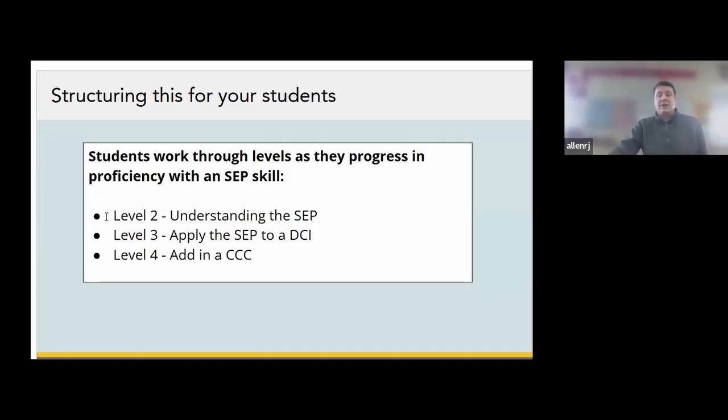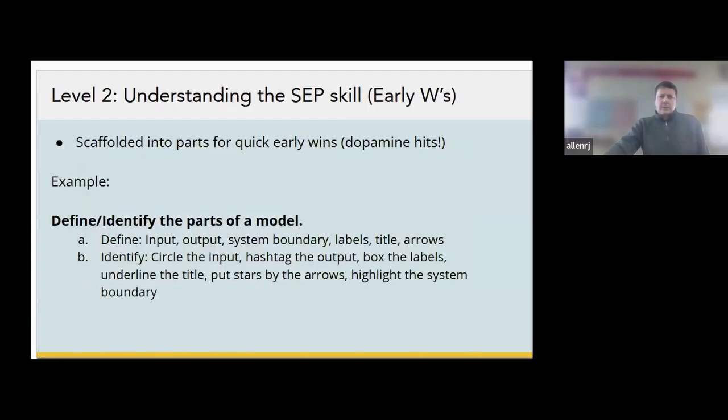They're not real concrete. So this is an example of level 2, the SEP. This is modeling. And the reason we scaffold it the way we do is for the early wins, the dopamine hits that everybody loves because people like being successful and they like that feeling.